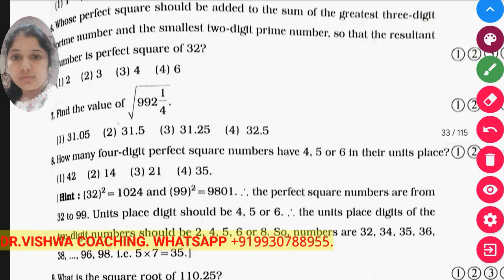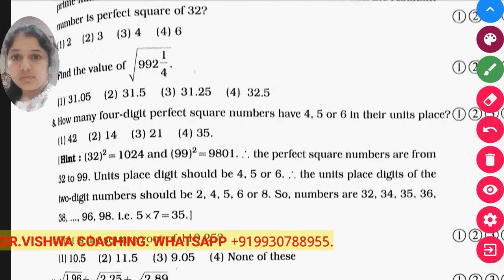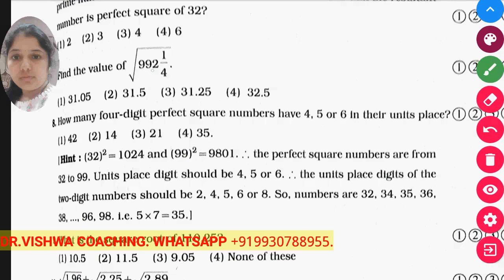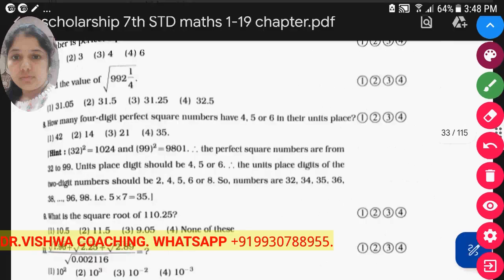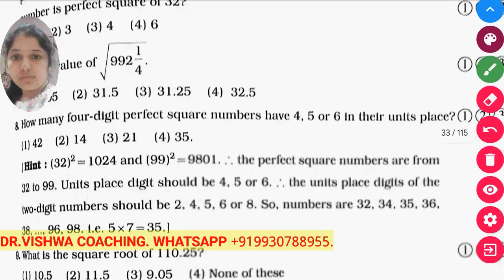Okay. Now find the value of this one, 992 1 by 4. So here again you try, because it is a very lengthy thing. You first just check the divisibility test whether it is divisible by 4 or not. Is 92 divisible by 4 or not? Yes, it is divisible by 4. So this number is divisible by 4. So first divide the 992 by 4.